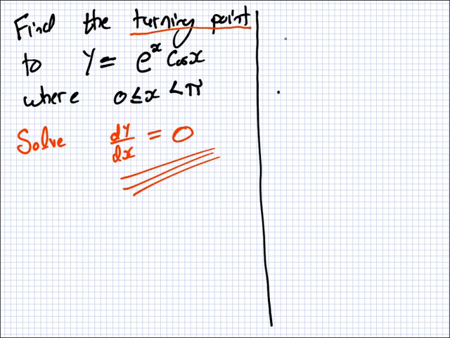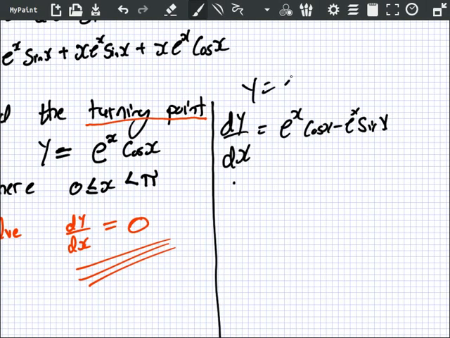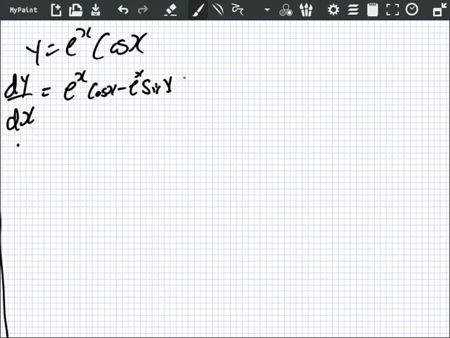Okay, so look. Ben, what did you get for dy dx here? e^x cos x minus e^x sin x, and that should equal 0. So you can take e^x out.